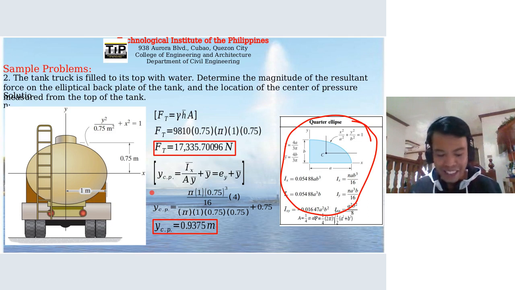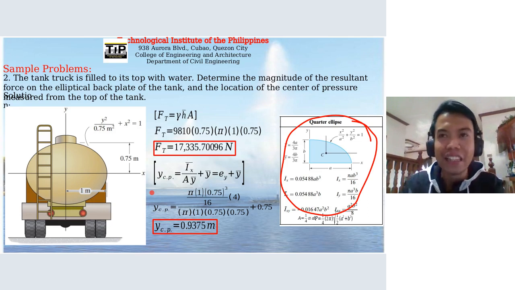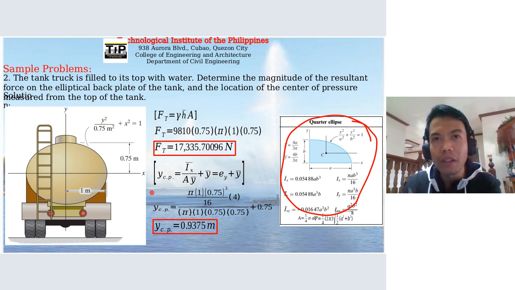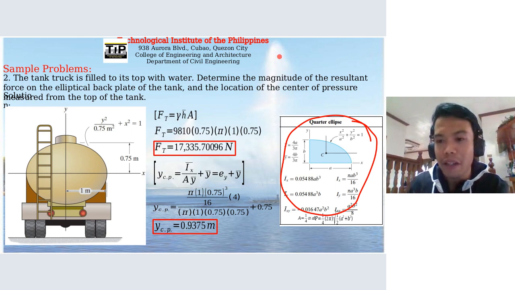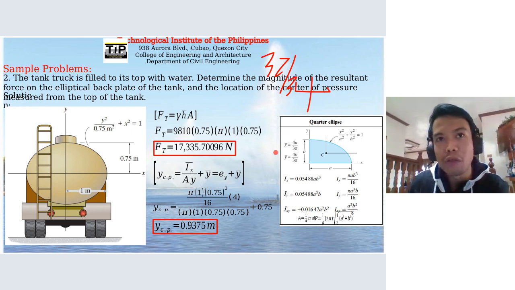Nga pala, karamihan sa atin nagkamali doon sa number 10 ng prelim exam. So, if you will take a look at your prelim exam, yung grades nyo doon, karamihan nakakuha ng 32 over 34. Ang reason doon is hindi nasagutan yung coefficient of compressibility or yung beta.